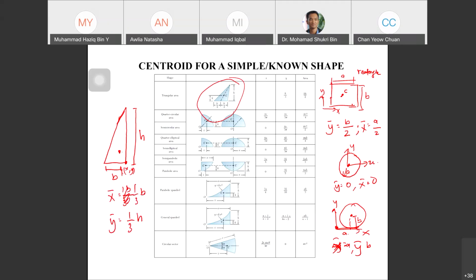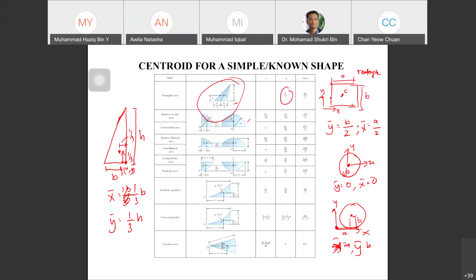One third to the base. One third from here, and also the distance from here is one third. So for this triangle, the location of Y bar is H over 3. Then you have another type, a semicircle, this one.